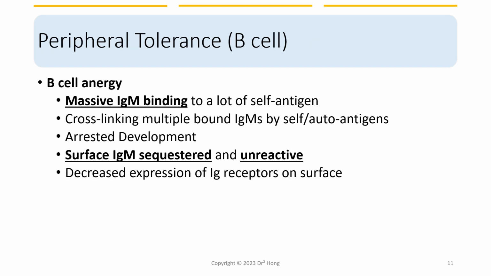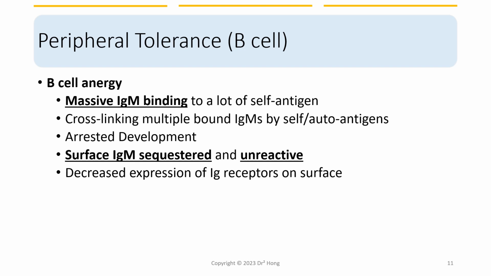In the periphery, B cells can also undergo anergy when they encounter autoantigen or self-antigen. Now, when the B cells bind to it, instead of activating, the massive binding due to overabundance of self-antigen will cross-link multiple bound IgMs on the cell surface.